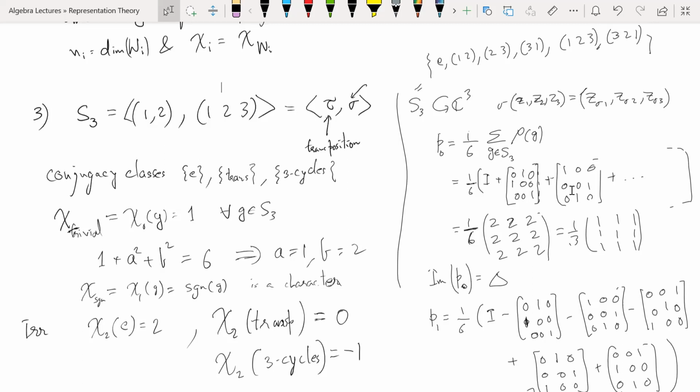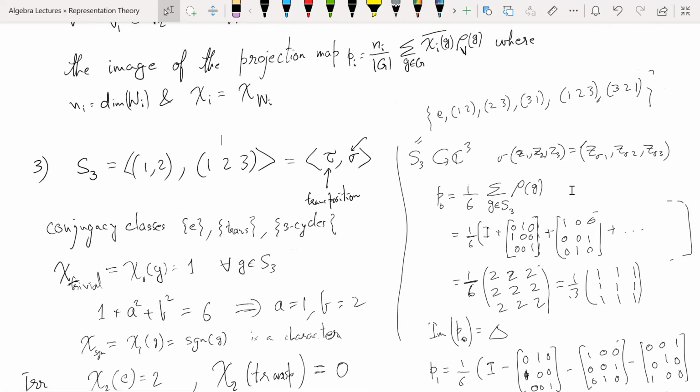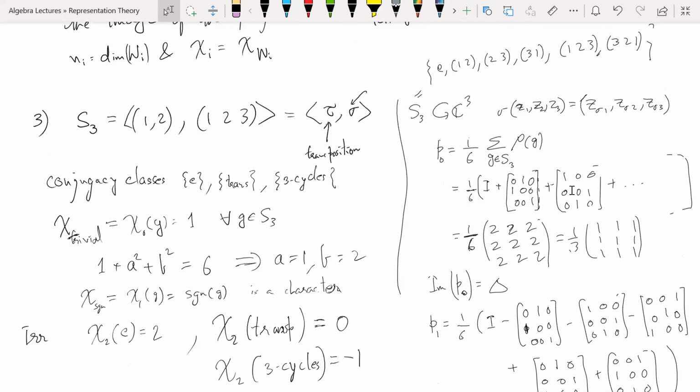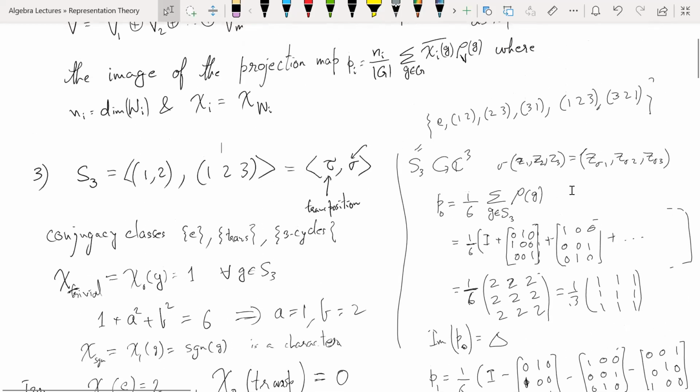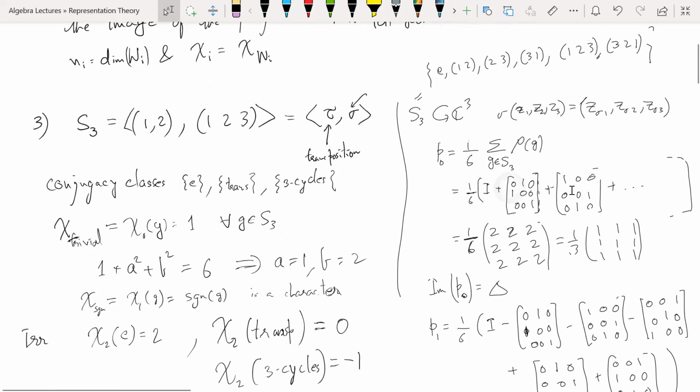You can see that S3 preserves that as well. One can compute the character of that representation and show that it is the same as chi2. That was the computation we did last time.